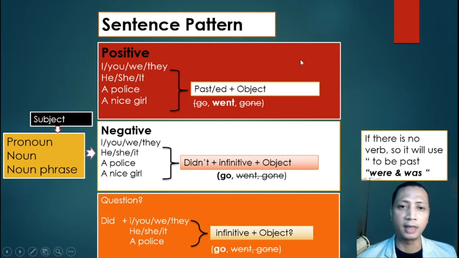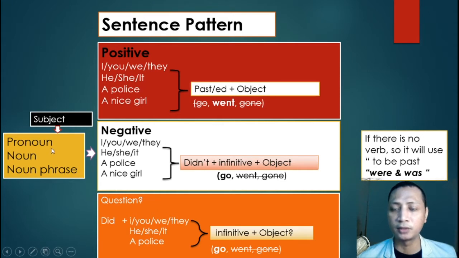I hope I have already explained in the previous video about simple present and present progressive. So now I'd like to focus on explaining simple past. As a subject, there are going to be three main things.